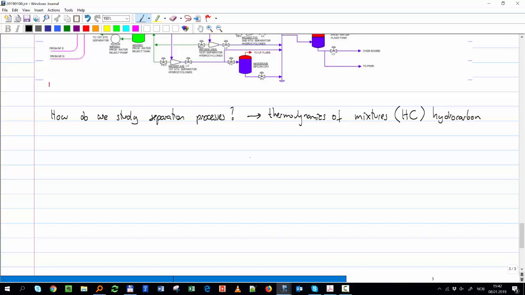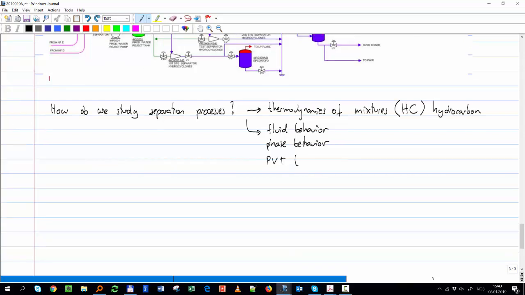We also sometimes call it fluid behavior, or phase behavior, or PVT behavior.